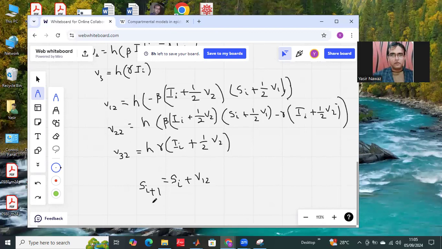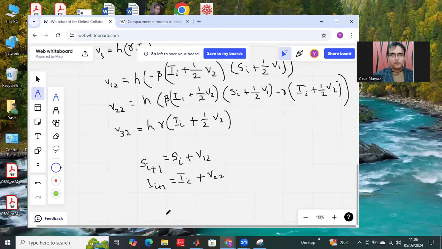And then I at i plus 1 is equal to I at i plus, instead of I, you can write N here. The previous component for I is V22, so I write V22.